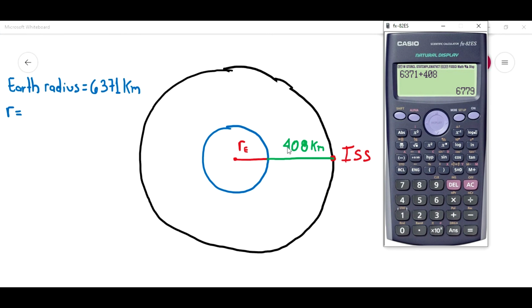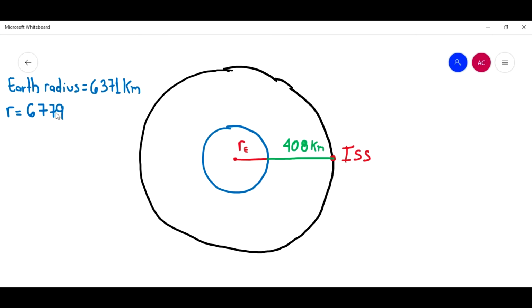This is the distance from the surface of the Earth, but we need to take into account the radius of the Earth in order to solve this problem. So that would be 6,779 kilometers. That would be the radius.